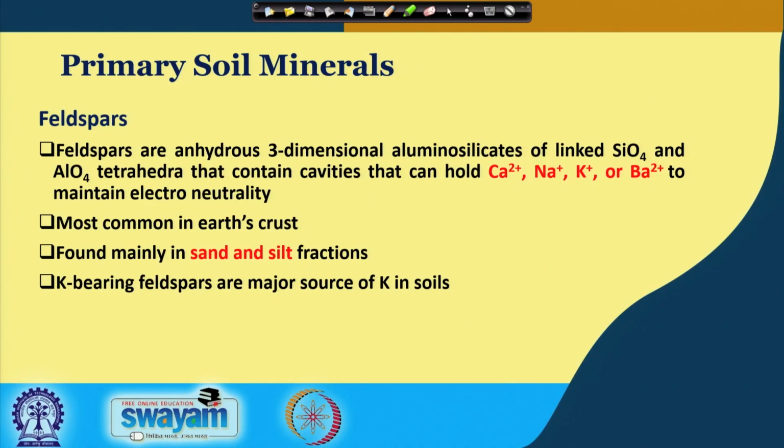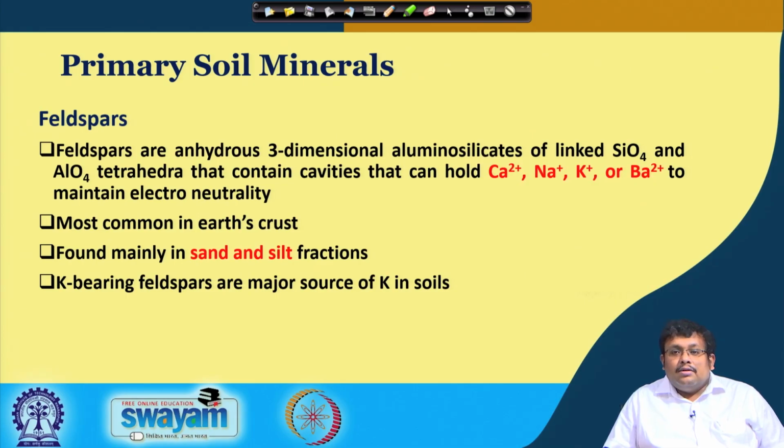So when we talk about the primary minerals, the first mineral which comes to our mind is the feldspar. Now, feldspars are anhydrous 3-dimensional aluminosilicates of linked silica tetrahedra and aluminum tetrahedra that contain cavities that can hold calcium, sodium, potassium and barium to maintain electroneutrality.